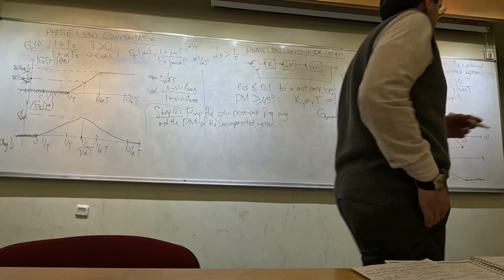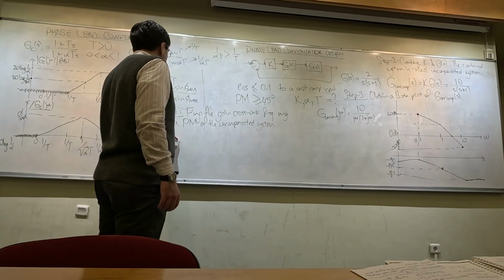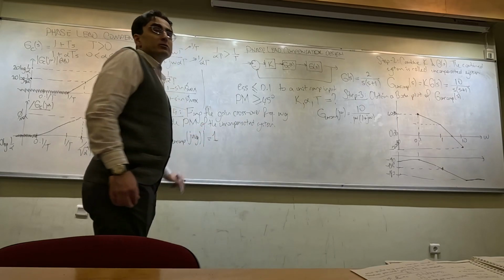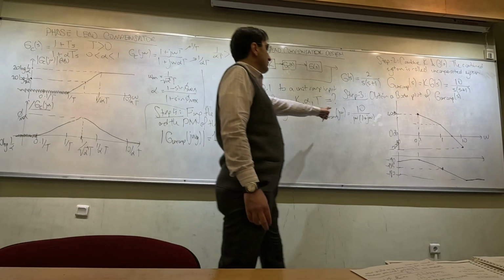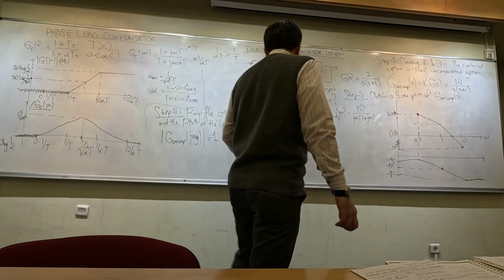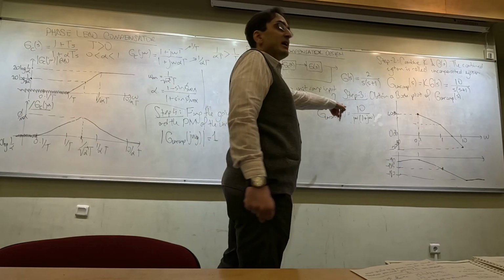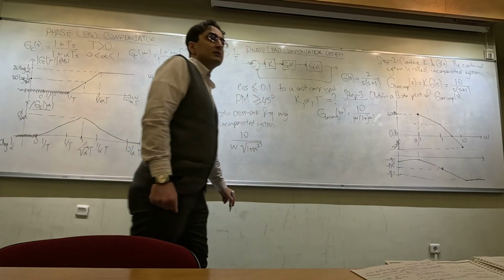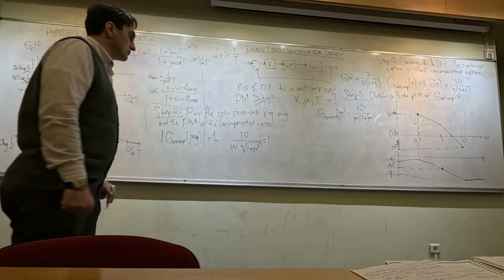Now let us try to do it analytically. So here, G uncompensated of j omega at the gain crossover frequency is going to be equal to 1. This is in linear scale. In dB scale, it's going to be 0 dB. So let me write the magnitude of this quantity. It is going to be 10 over the magnitude of j omega, which is omega, and the magnitude of 1 plus j omega is going to be square root of 1 plus omega squared. So this thing should be equal to 1 at the gain crossover frequency.